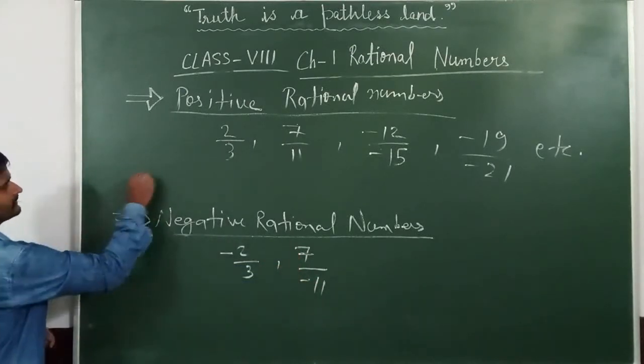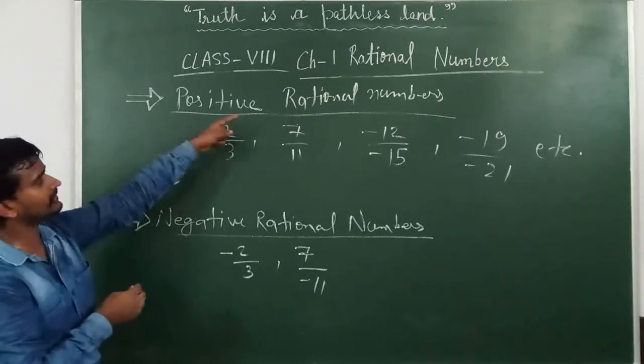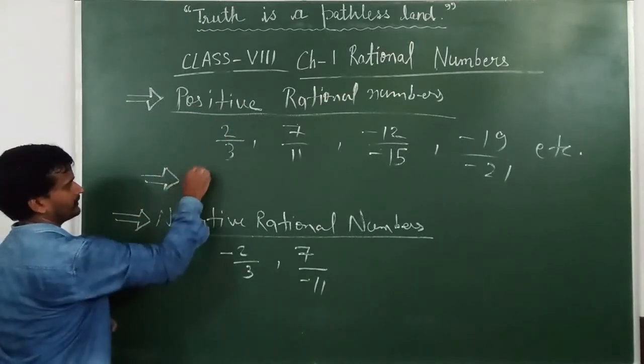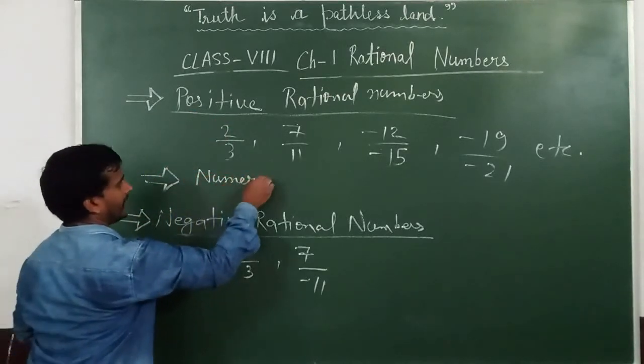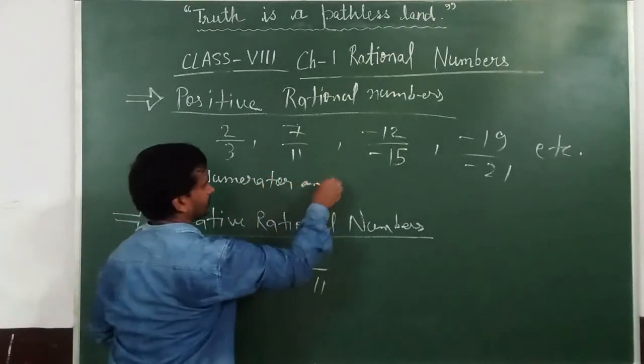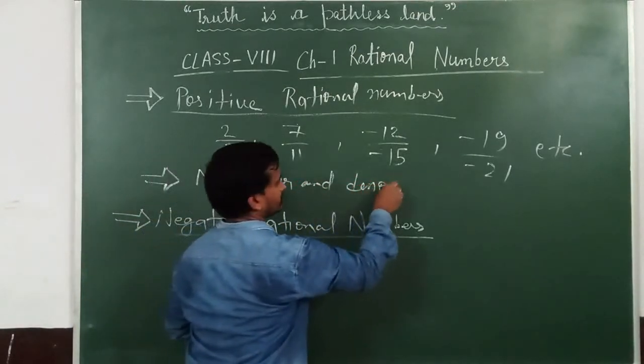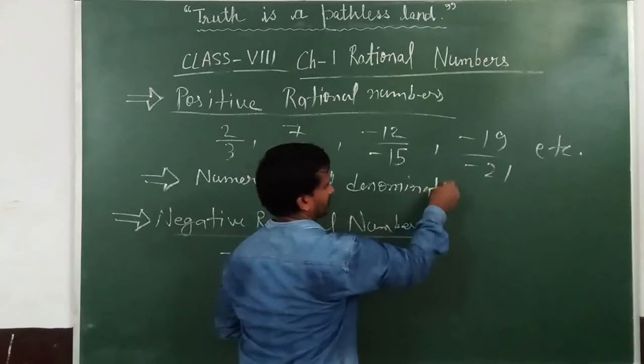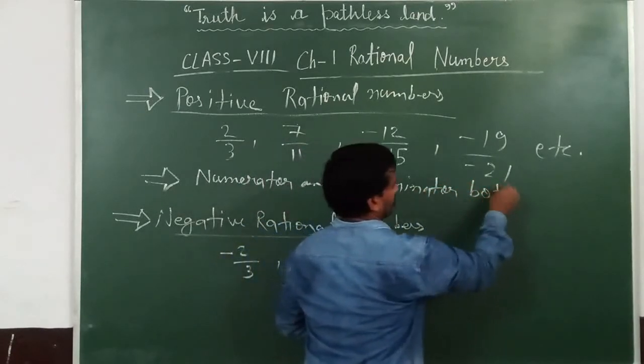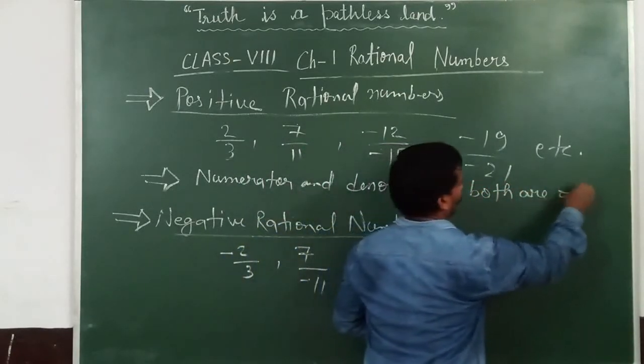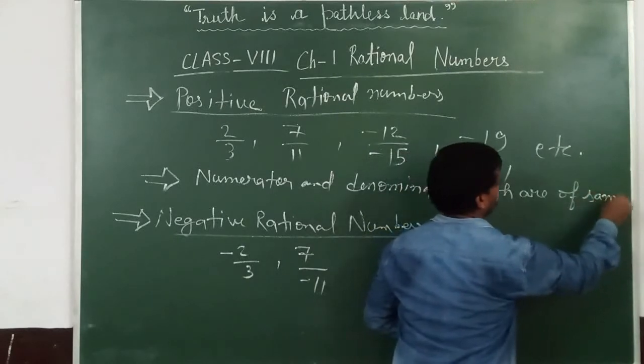So we can write: in a positive rational number, numerator and denominator both are of the same sign.